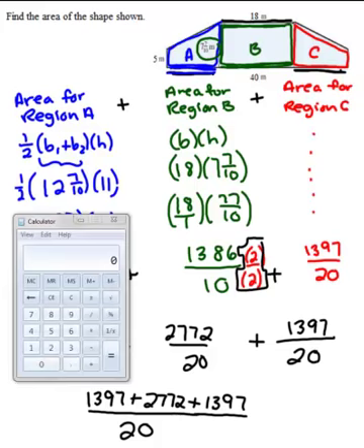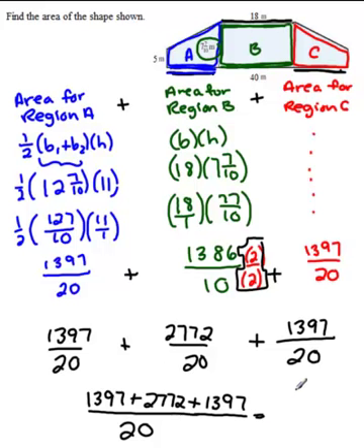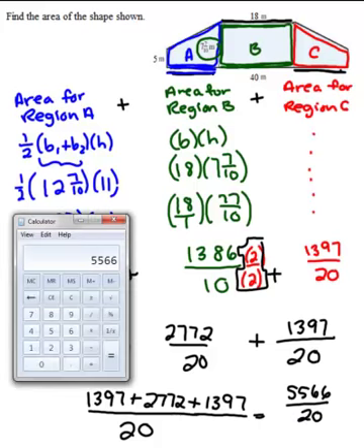Here we go. 1,397 plus 2,772 plus 1,397. Add that all together and we get 5,566. 5,566 twentieths. Let's go ahead and actually do that division.